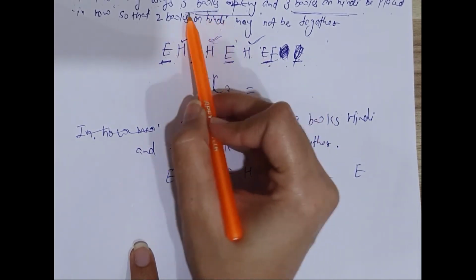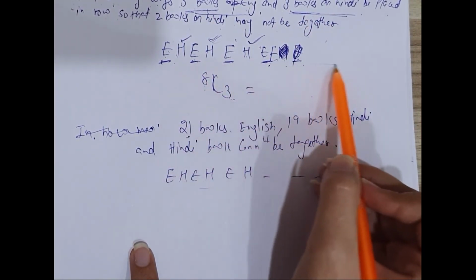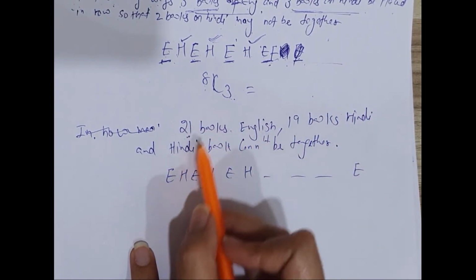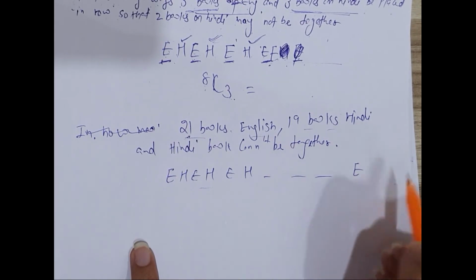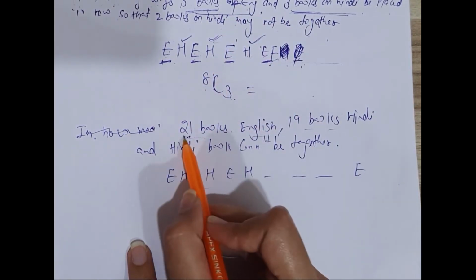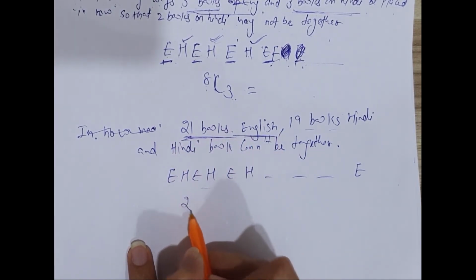I taught you with 5 books and 3 books because it would be simple for you to understand the total number of places acquired by the books. Here I can't go up to 21 English books and 19 Hindi books. Therefore I have taken fewer books for your understanding. So here 21 English books are there. So the total number of acquired places will be 22.